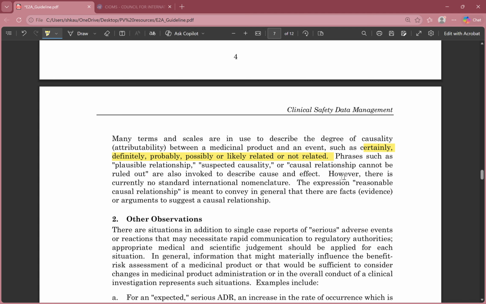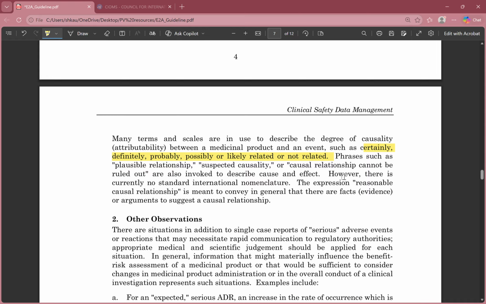We have various scales and methods to do the causality assessment, which is a different topic, so I'll be covering it in a separate video someday. But these are some of the words that are used to describe the causality assessment.